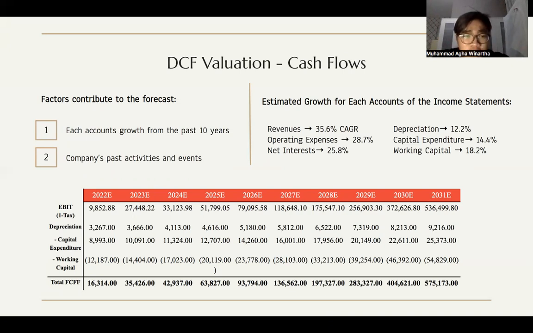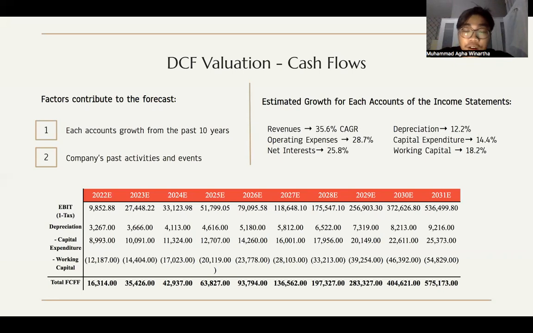And the second one is the company's past activities and events. For example, in 2012, when Tesla launched a new vehicle, the revenues and operations were increasing. These factors can be used to estimate the growth of each account.